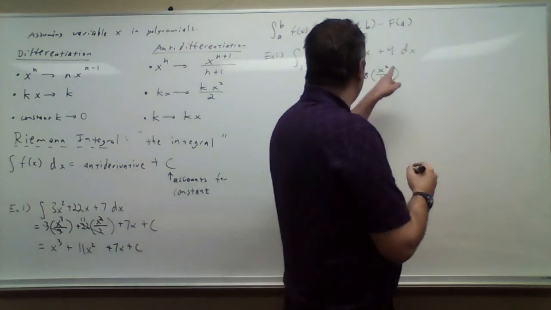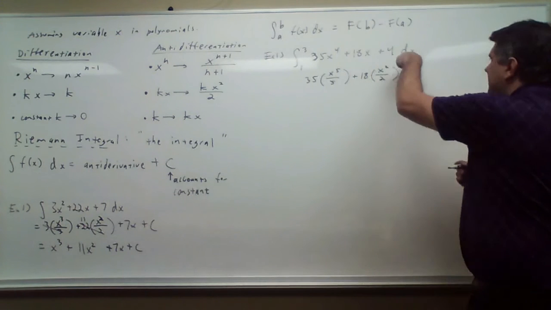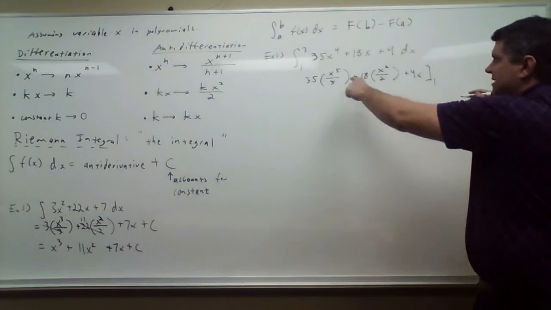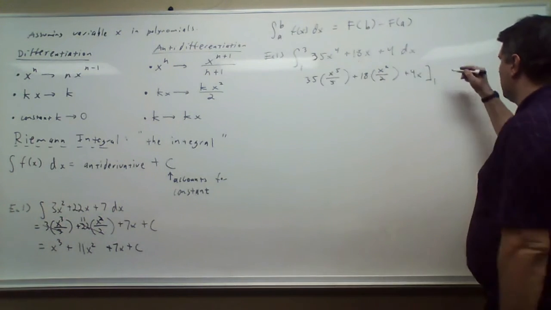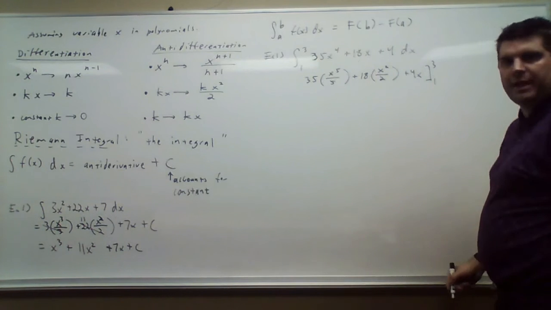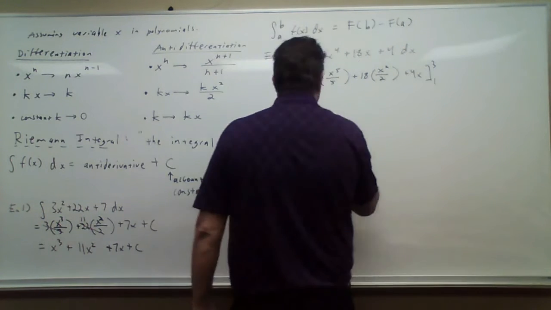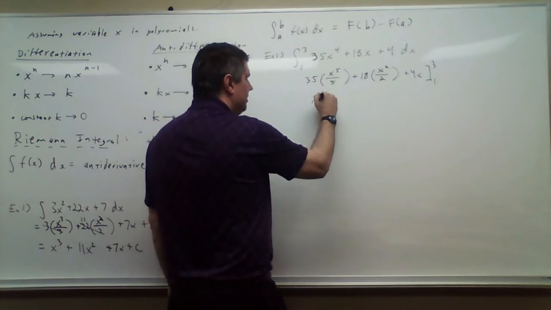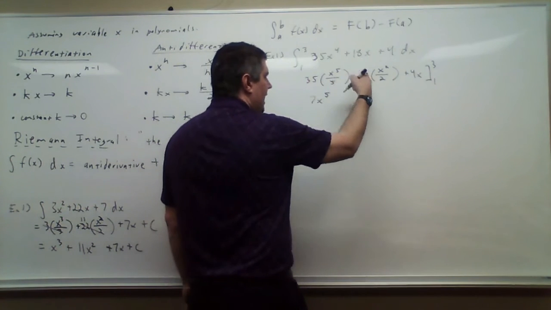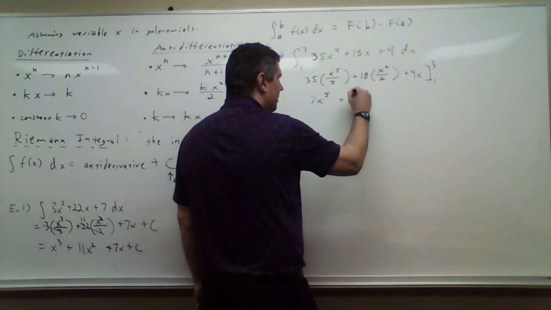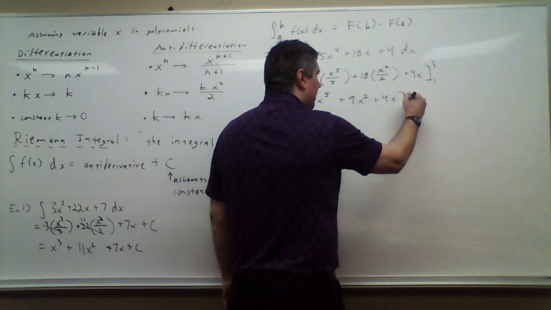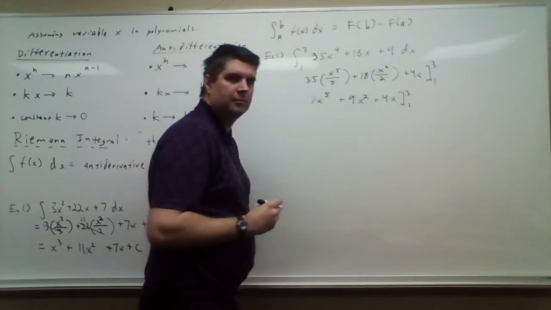And the antiderivative of 4 with respect to x would be 4x. We're considering this as we go from 1 to 3. So we'd still simplify this. 35 divided by 5 is 7, so 7x to the 5th. 18 divided by 2 is 9. Plus 4x, as we go from 1 to 3.